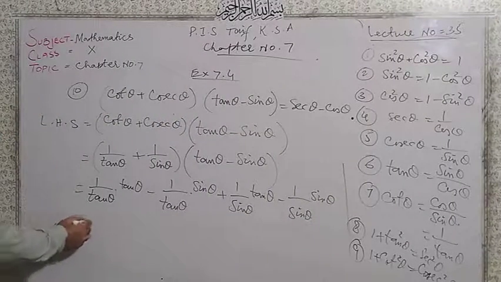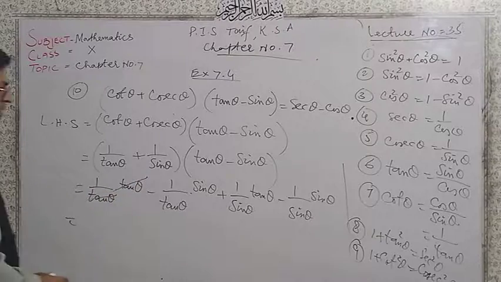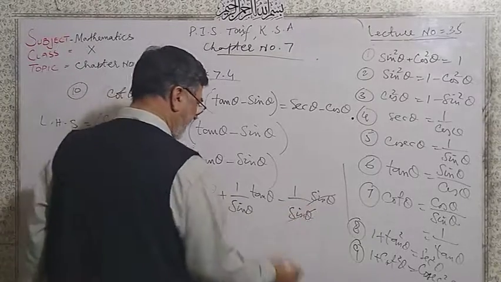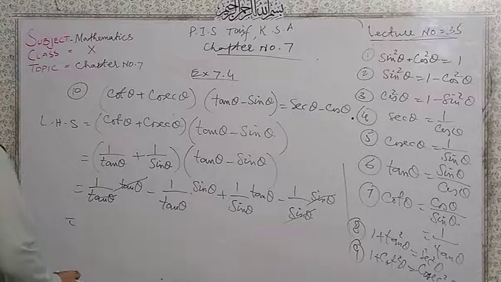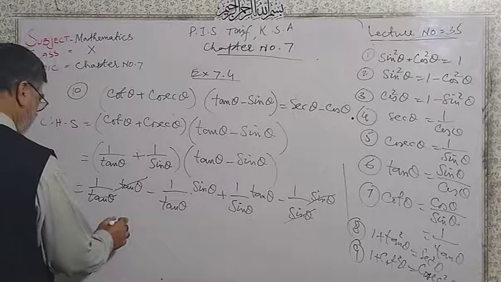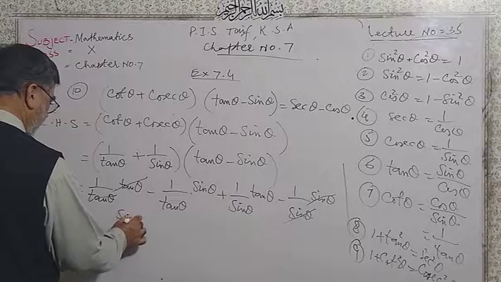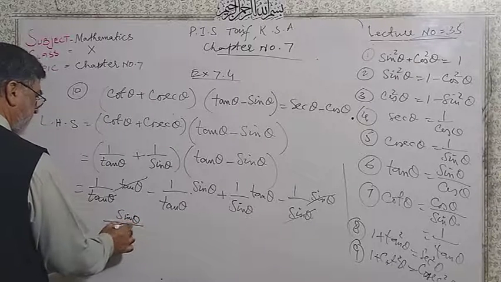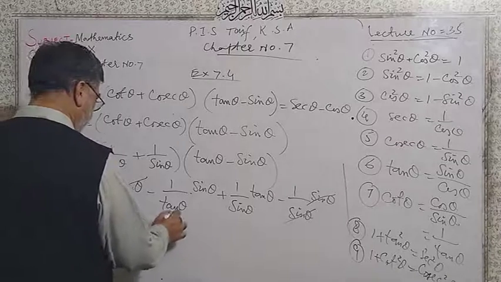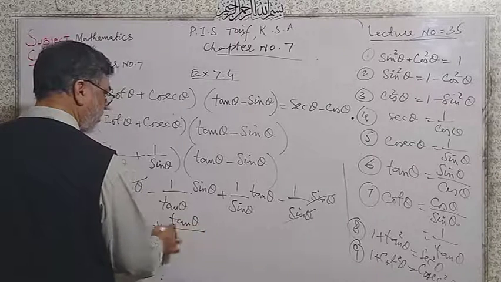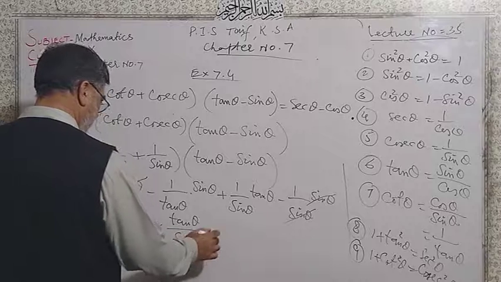Remember that sine theta and sine theta cancelled out. We are left with 1 minus sine theta over tangent theta, then plus tangent theta over sine theta.